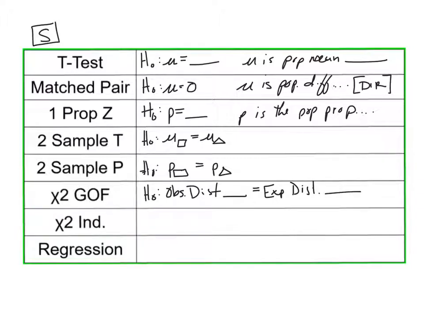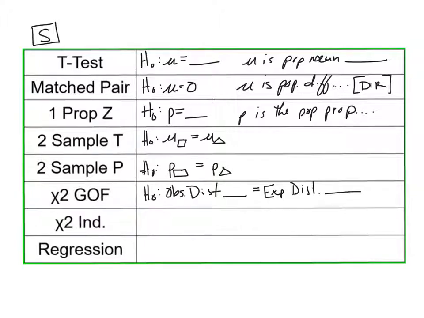An easy one here would be like AP scores, that they're designed to have 20% to get a 1, 2, 3, 4, or 5. So you'd say the observed distribution of scores is equal to the expected distribution of scores, something like that. Put it into context. There's no need to then define your parameter as long as you use the context correctly here. Your alternative would be not equal to. It will be every time.